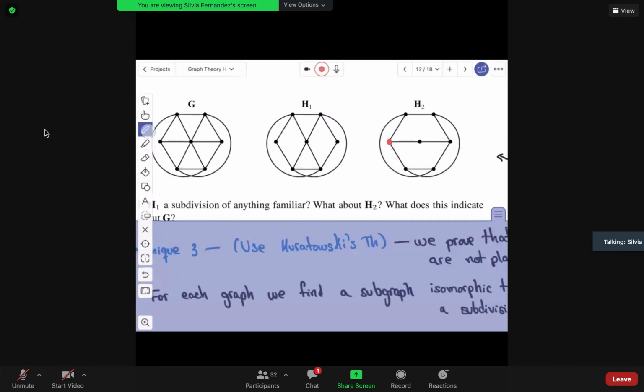I'm going to use these 3 edges, here I'm going to use this 1, 2. And because I'm looking for a subdivision of K3,3, this is going to be my other edge. It's like the edge with one vertex that we use in the middle to find that subdivision.